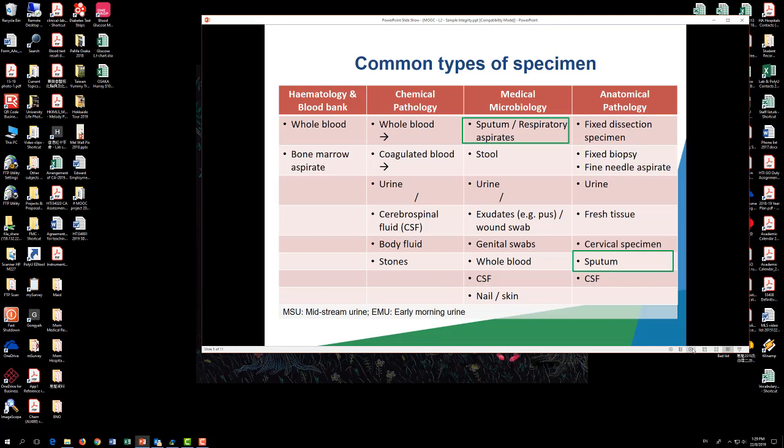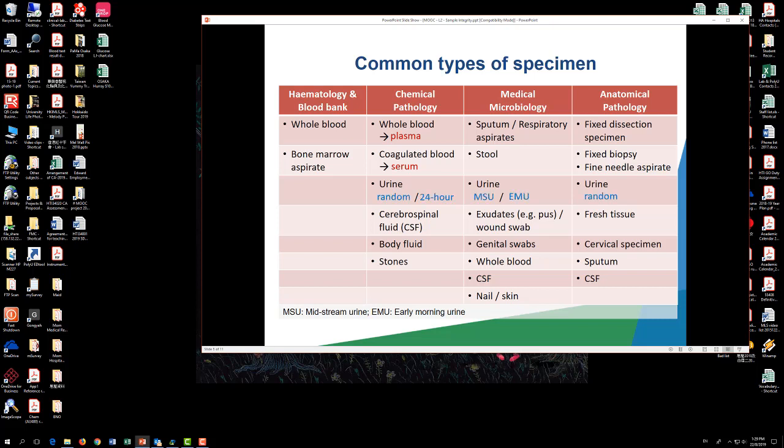Sputum is also common. In chemical pathology, the blood sample will be centrifuged and yield plasma or serum for analysis.